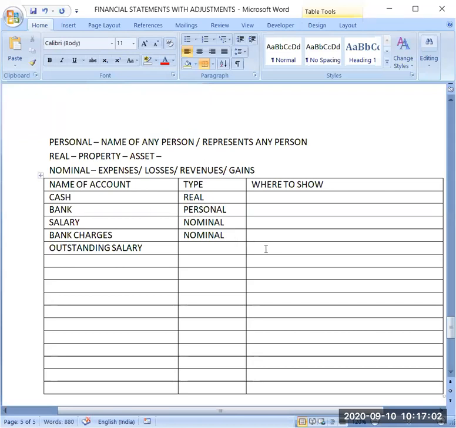Meaning of outstanding salary. I am writing it here. What is the meaning of outstanding salary? Salary due but not paid. Yes, you can also say it: till now you have not paid their salary.